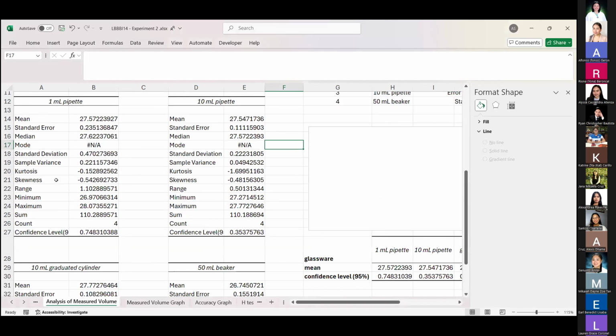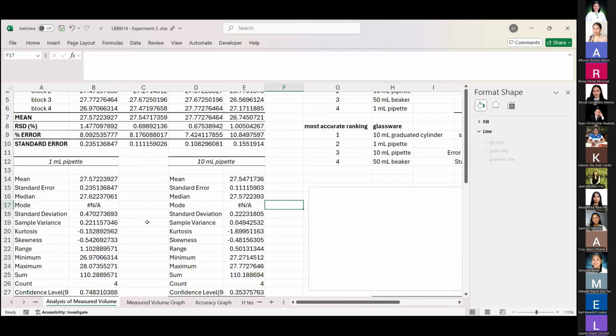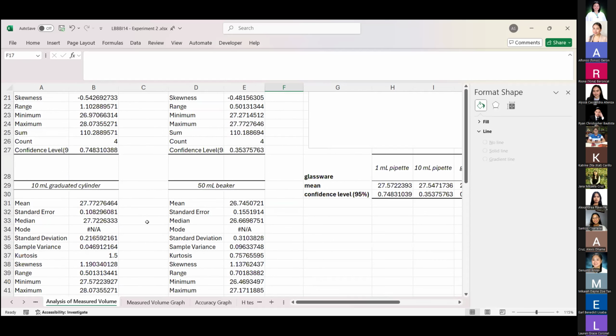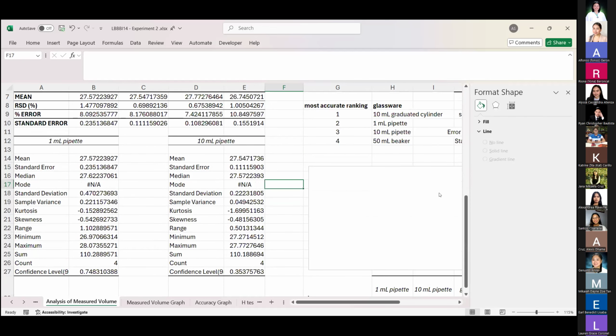Okay, so I see the 1 ml, 10 ml. Can you scroll down for the others? 10 ml pipette, 10 ml grad seal, 50 ml beaker. Okay, thank you so much for that. I'll give my comments later on. You can now stop sharing, group 1.